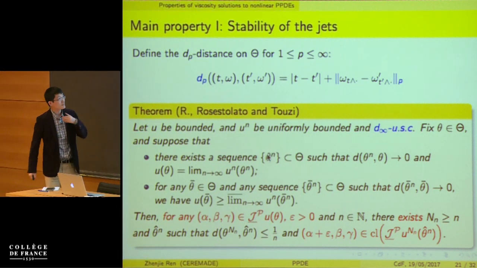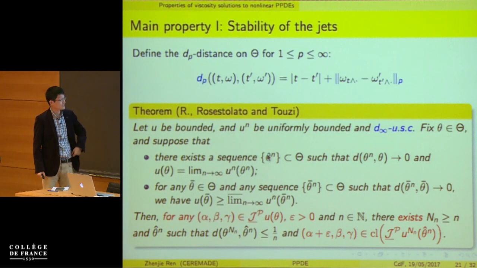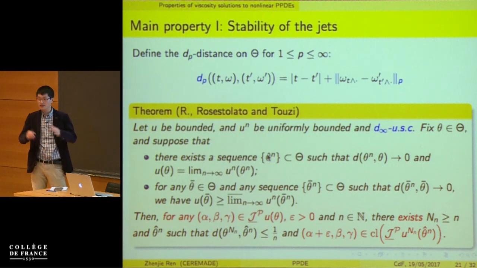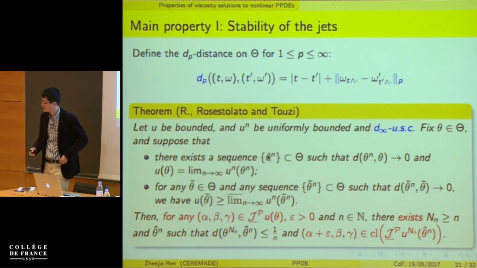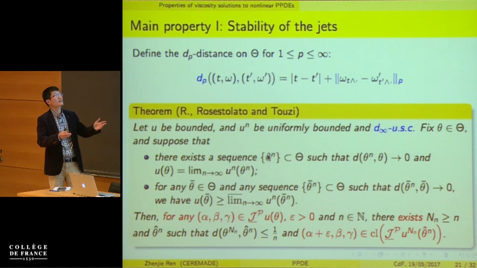The stability result is stated in such a way which is almost the same as the classical literature for PDE in finite dimension. Here the stability is the stability of the jets.